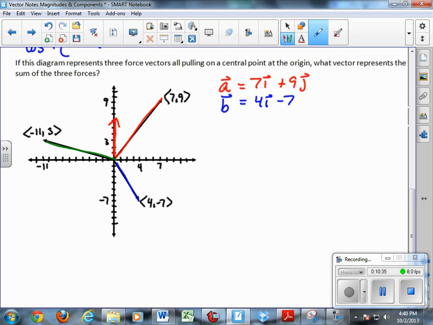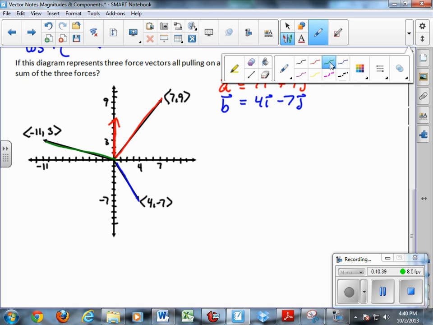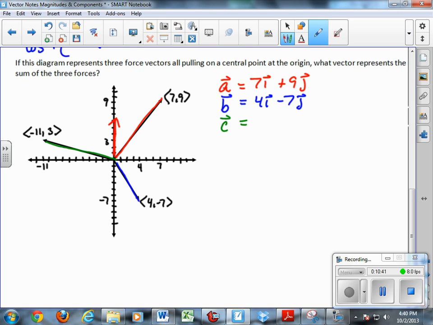And vector C, the green one, is equal to negative 11i plus 3j. And if we add them together, we get the sum of the three vectors. We'll call the sum the resultant vector, R, which is equal to 7 plus 4 plus negative 11 is 0i. And then 9 minus 7 is 2 plus 3 is 5j.